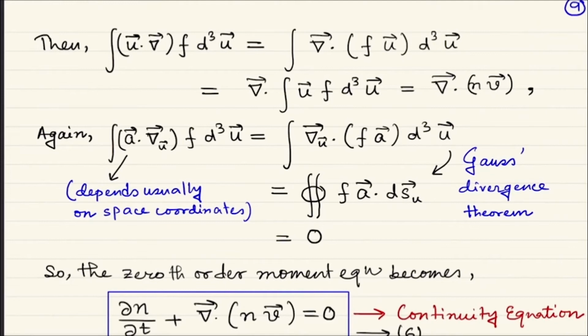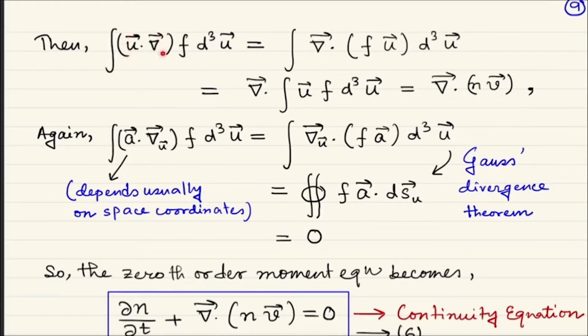Now what about the second term, the integration of u dot nabla f d cube u. Nabla is a space operator. Now f has space dependence as well as time dependence, and may have velocity dependence. But nabla is a pure space operator, a function of r in that sense, and u is the kinetic velocity which is independent of space.